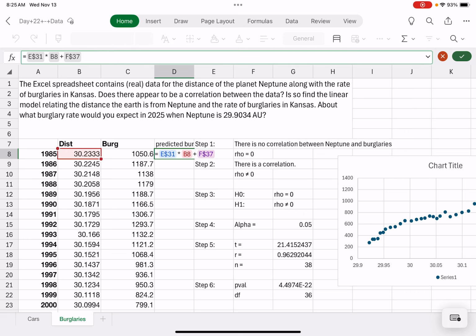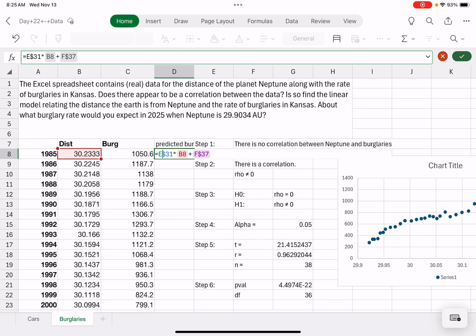Oh, look at B. I want this to be F. Okay. F. All right. Let me make sure it's referencing the right cells. Yeah, that looks good, and the dollar signs are in place. Okay, I'm going to fill down. There it is. Okay, very good.